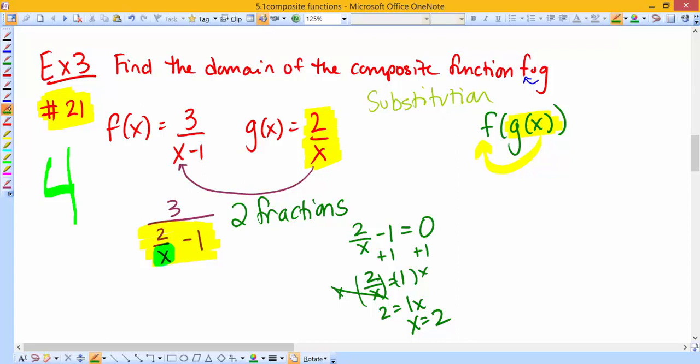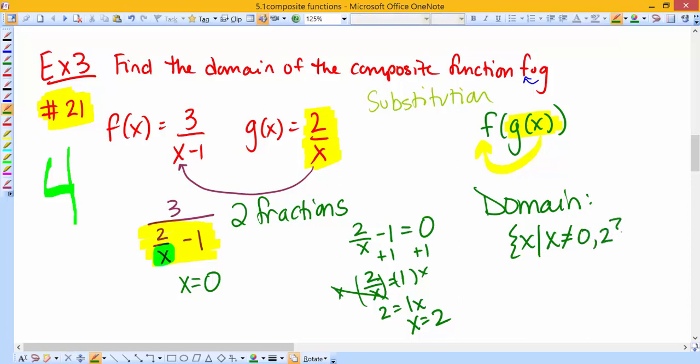So I need to set that equal to 0. Oh, that was easy. That one's done. So my domain: x such that x cannot equal 0, from the little fraction, and x cannot equal 2, from the bigger fraction. There's my domain. Be careful for that, you guys.